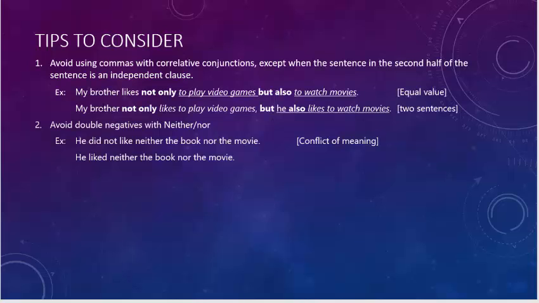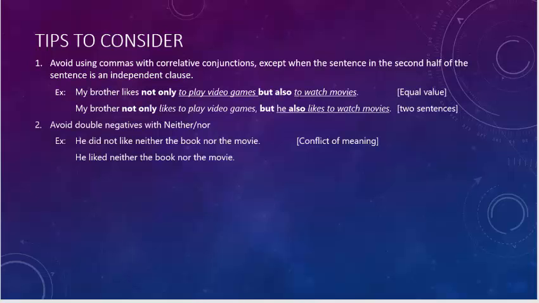Let's see it in an example. My brother likes not only to play video games but also to watch movies. In this example, both parts have equal value. The first part of the sentence is complete, but the second part is not an independent clause; it cannot stand alone.